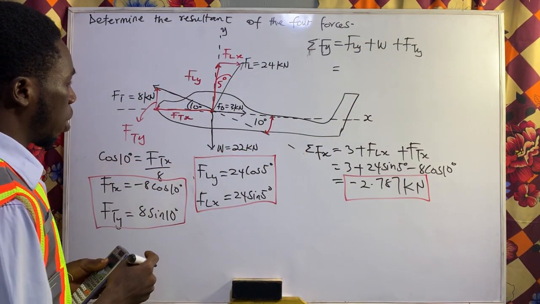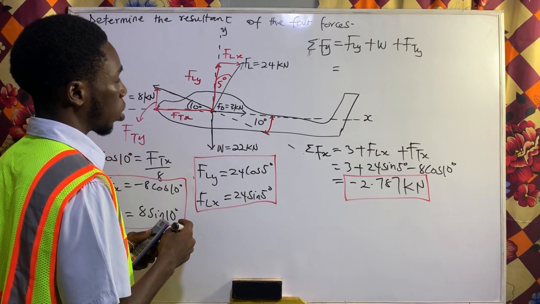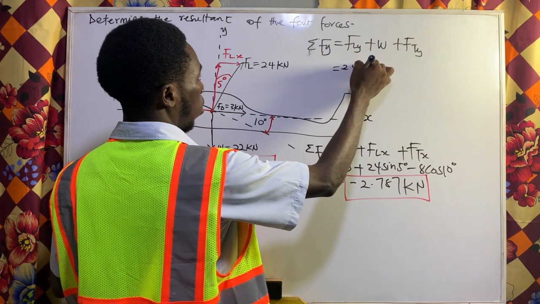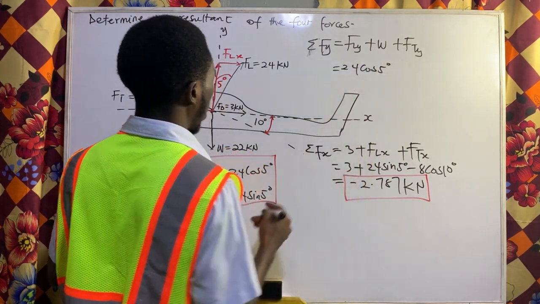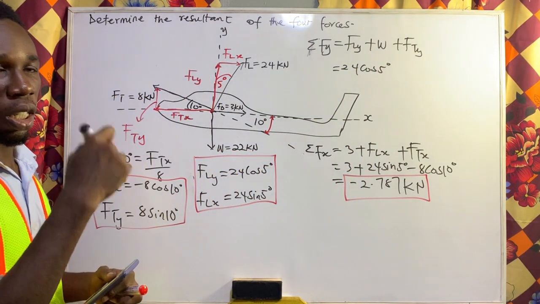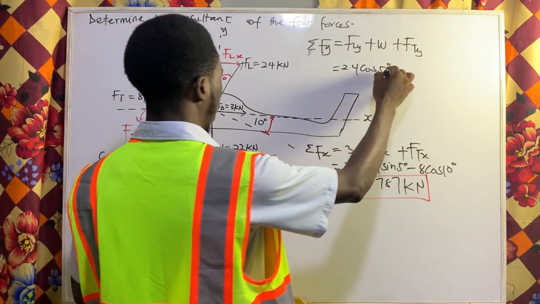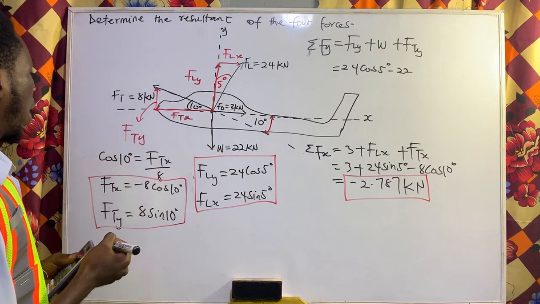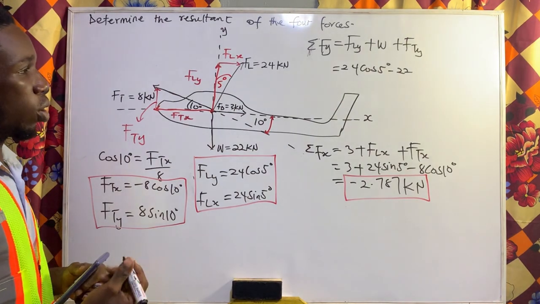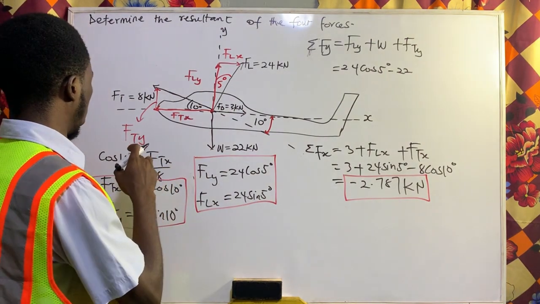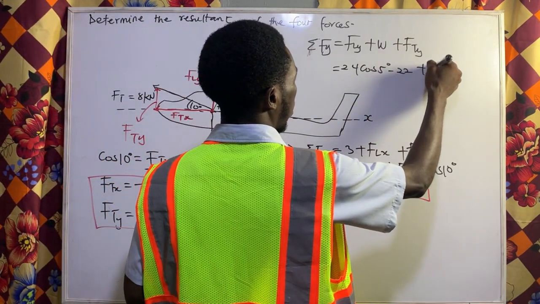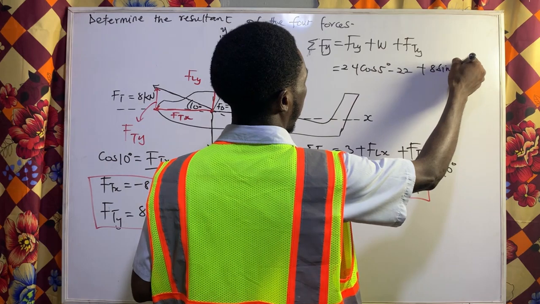So we have FLY to be 24 cos 5. We know that was positive, right? So 24 cos 5 degrees. And then the weight force will be negative because it is pointing downwards. So you're going to have minus 22 kilonewtons. And then FTY will also be positive because it is pointing upwards. So that's plus 8 sine 10 degrees.